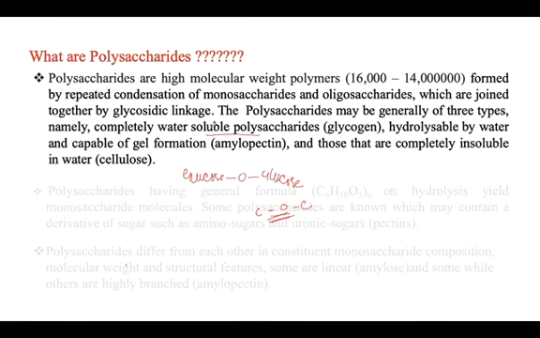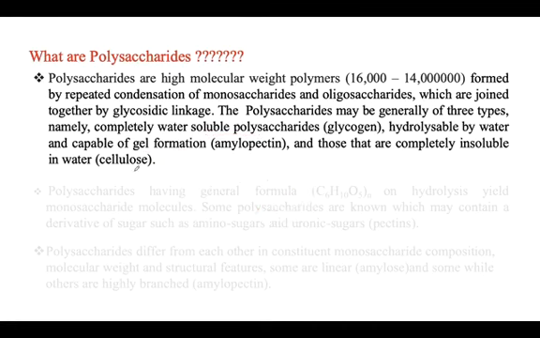Hydrolyzed by water and capable of gel formation, that is, when we put them in water they can absorb water and form a gel, is another form, and amylopectin is an example of that. And those that are completely insoluble in water, such as cellulose, are another example.